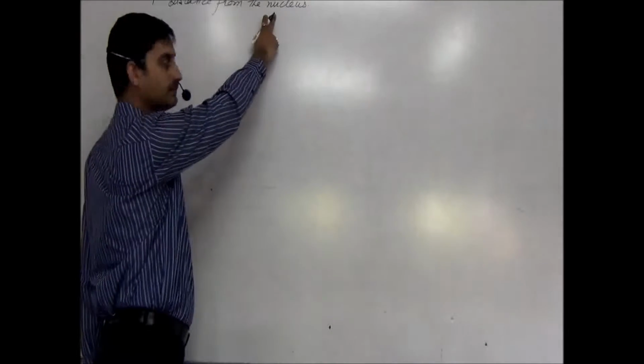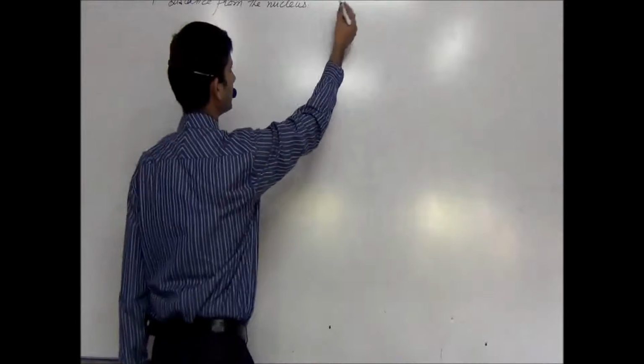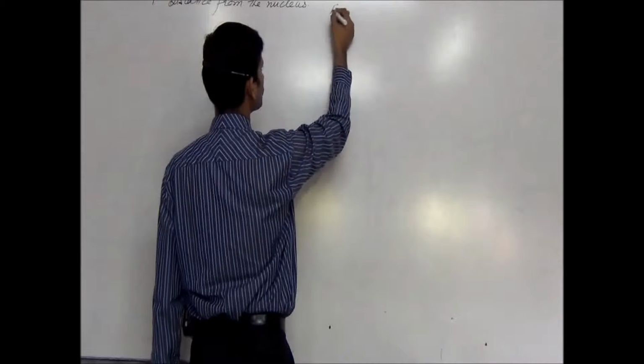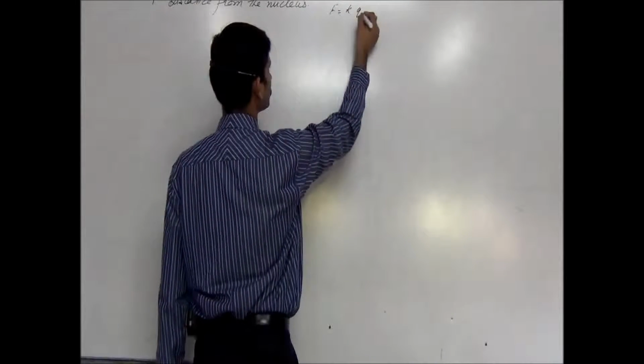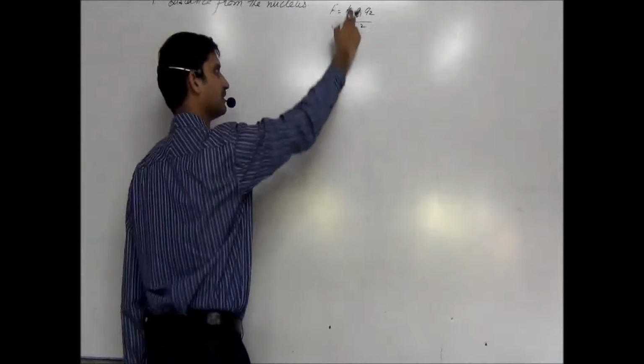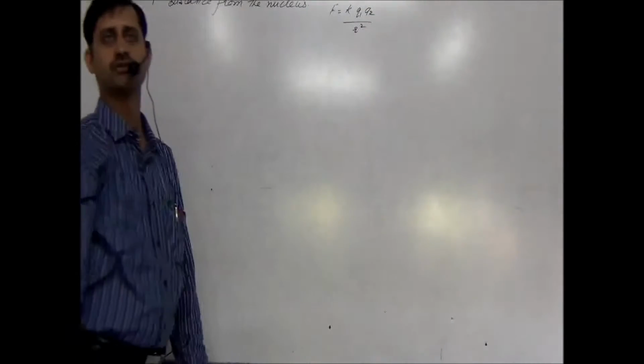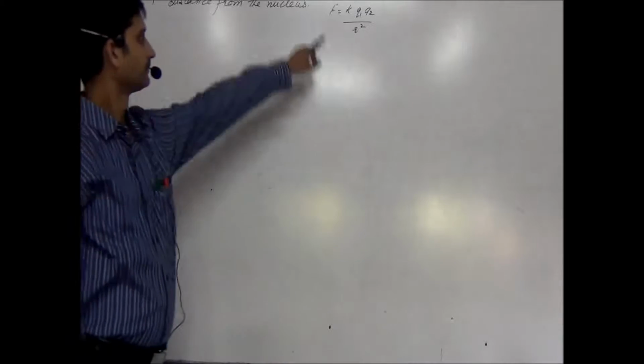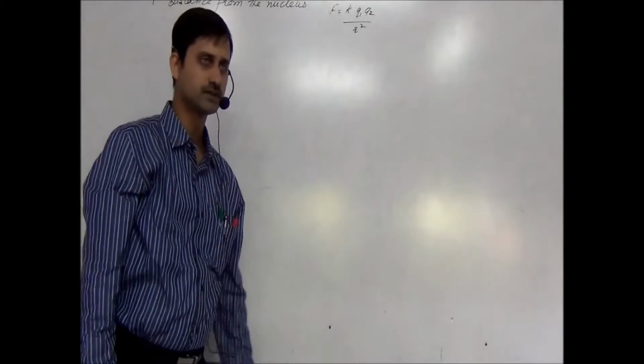There's no problem with that, because the distance from the nucleus will be simply given by that formula, that force is equal to K Q1 Q2 by R squared. So R happens to be the radius, Q1 Q2 happens to be the charge of the electron and the nucleus, and F is the force which is felt by it. So that's not a problem.